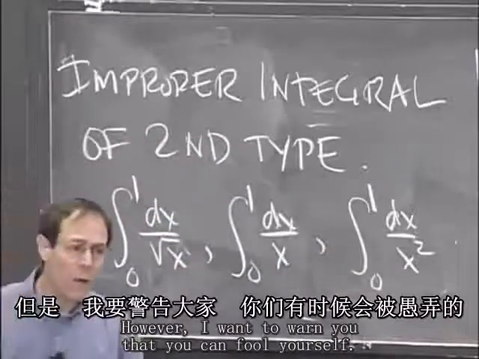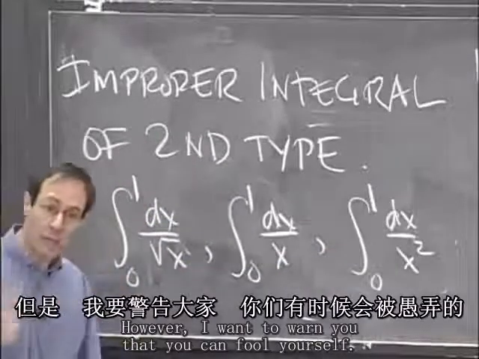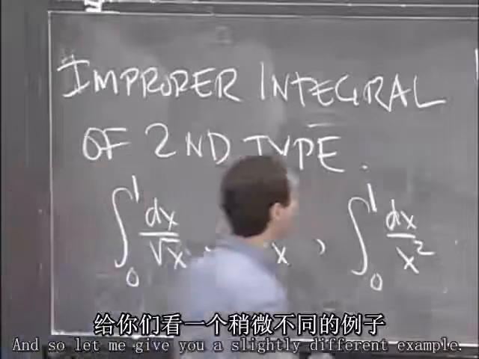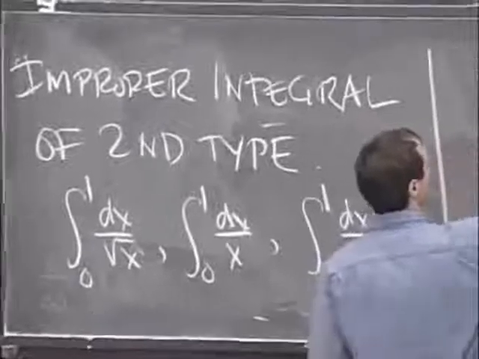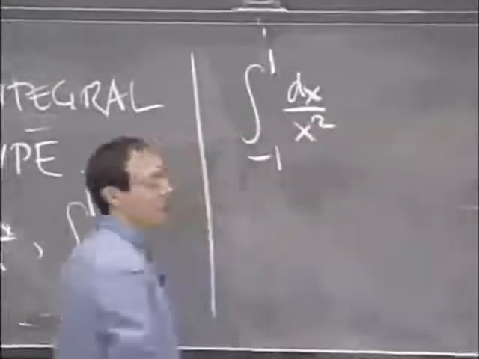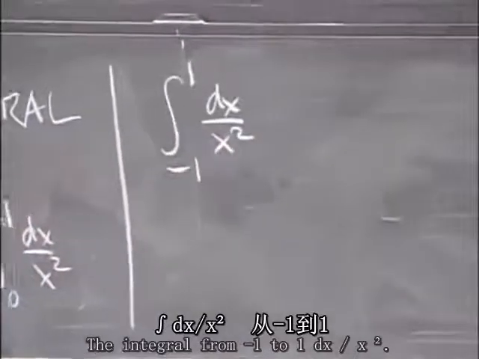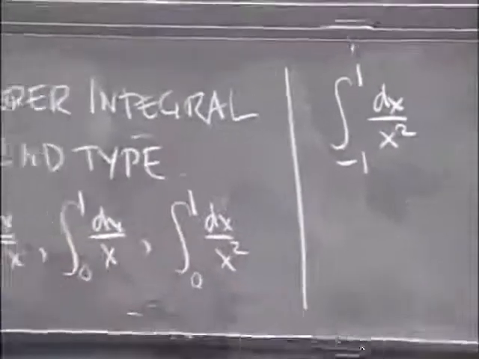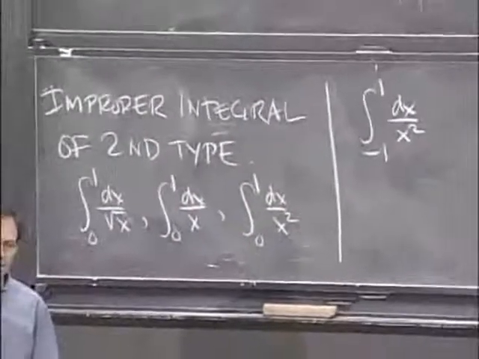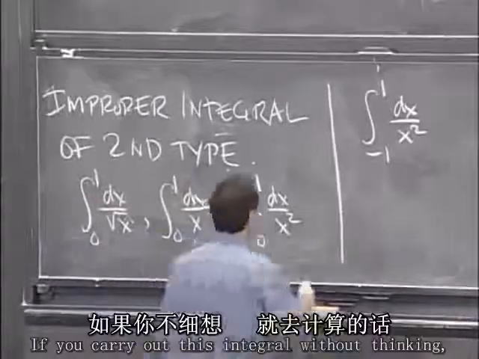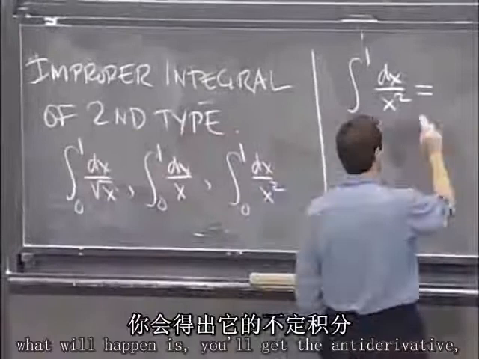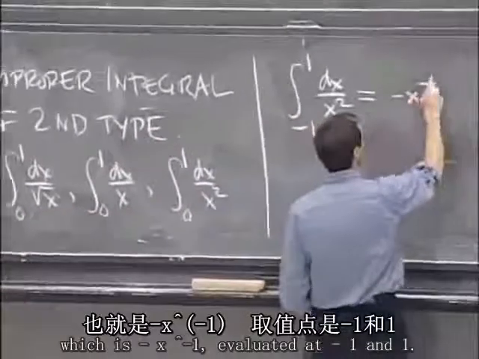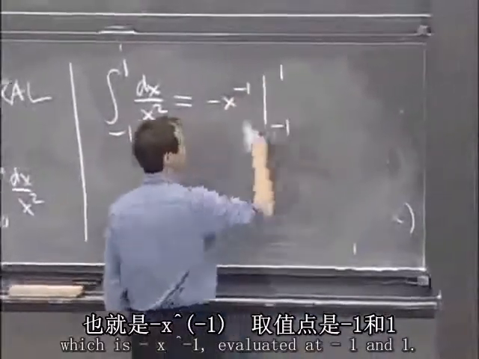However, I want to warn you that you can fool yourself, so let me give you a slightly different example. Let's consider this integral here. The integral from -1 to 1 dx over x squared. If you carry out this integral without thinking, you'll get the antiderivative, which is minus x to the minus 1, evaluated at -1 and 1.